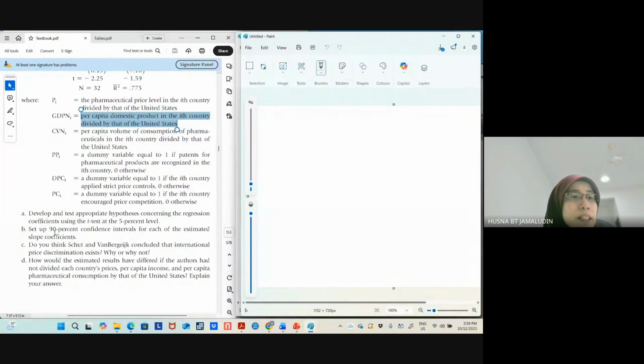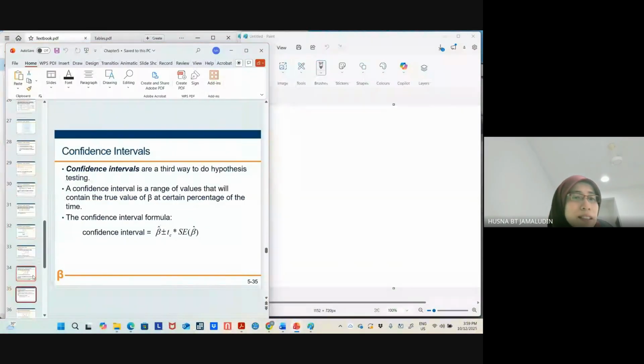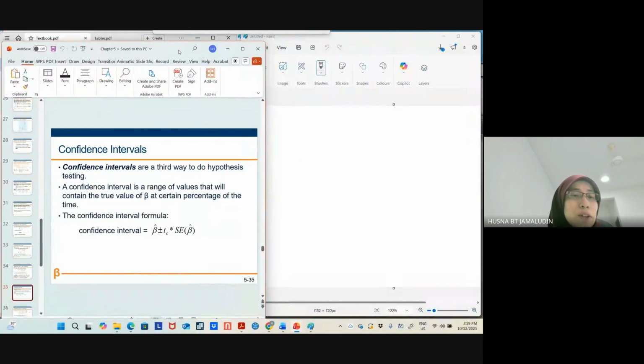Set up a 90% confidence interval for each of the estimated slope coefficients. That's why I opened chapter 5. I directed to confidence interval so that you know the formula, because they ask you to set up the confidence interval. So what is the formula?